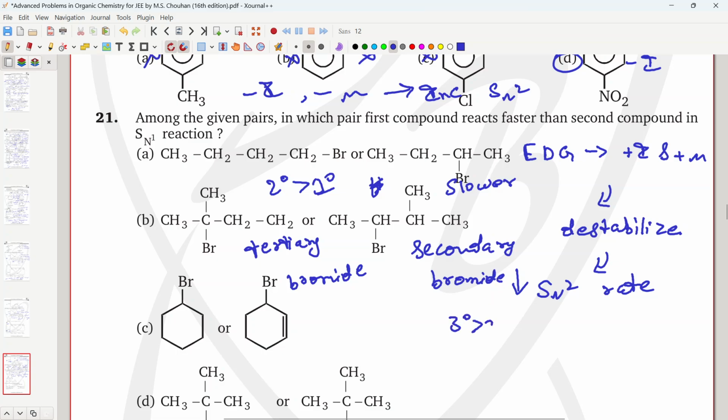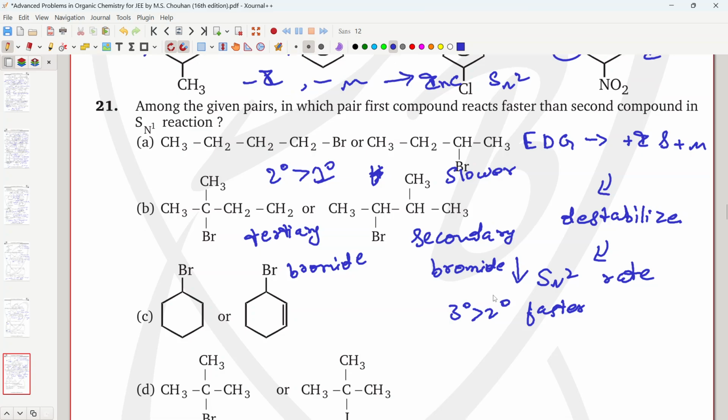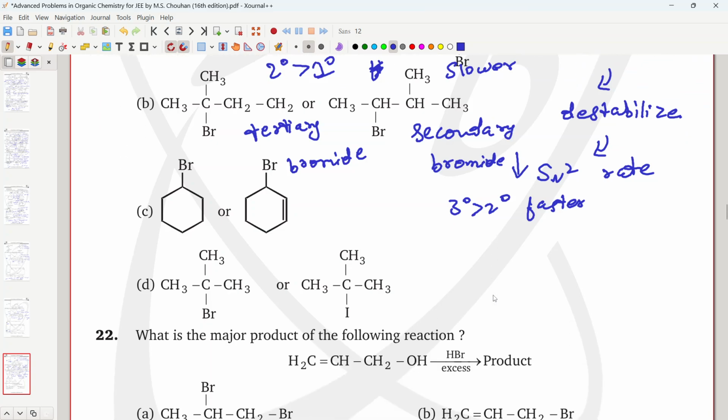So of course this is faster. Now for option C, cyclohexyl bromide versus bromocyclohexene. That means the carbocation is resonance stabilized.